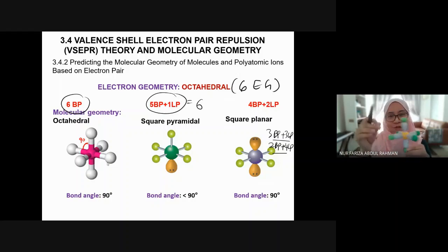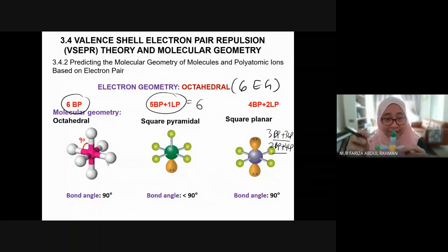So you place it anywhere, that lone pair still has to be placed at one of them, because all the angles are 90s. Okay, so it doesn't matter, it can be placed anywhere.